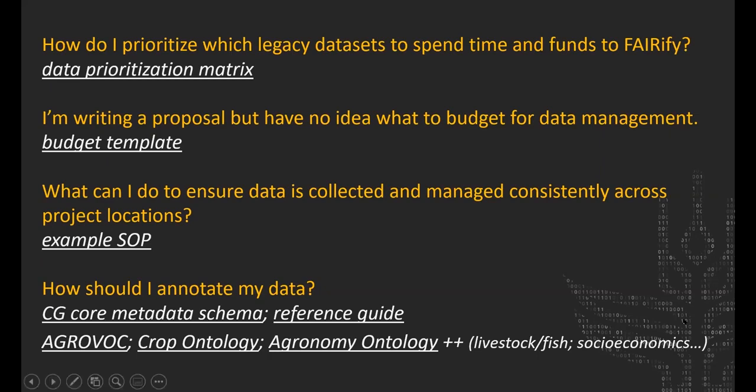This is built into our FAIR workflows as well. There's also the AgroVoc that you heard about, which we use quite significantly at CGIAR. And we use, of course, the crop ontology and the agronomy ontology, and a number of other ontologies that Clément mentioned in passing as well.